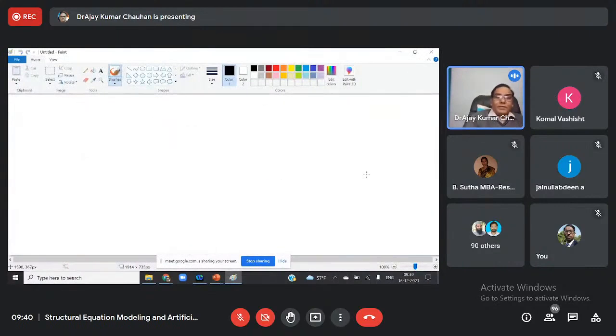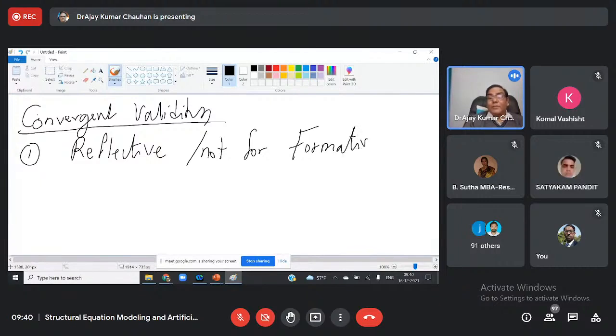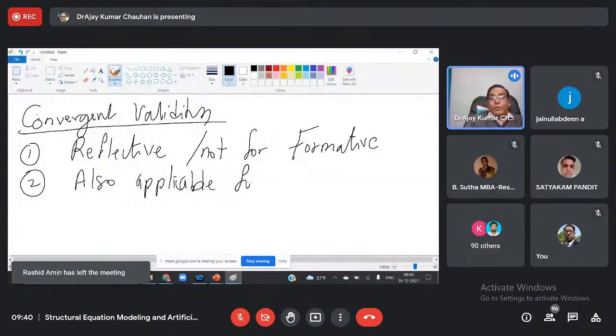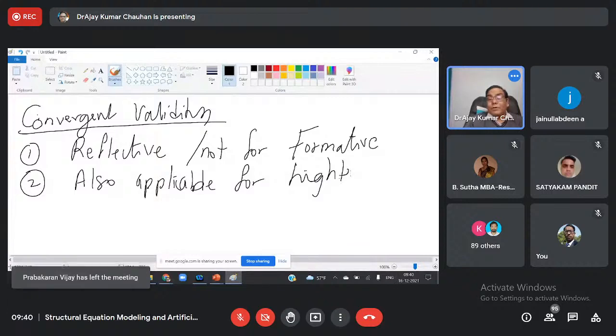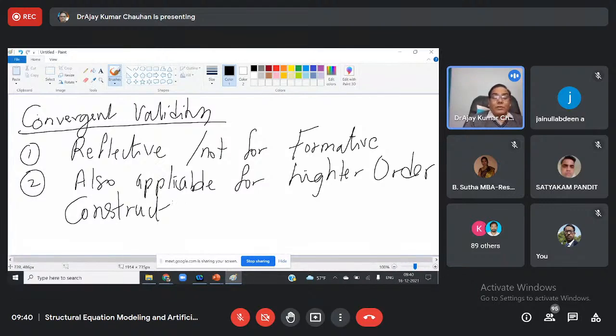Now I'm explaining the next thing. This convergent validity is applicable only for reflective constructs, not for formative constructs. Number two, it is also applicable for higher order constructs, like for example second order, third order, and so on.